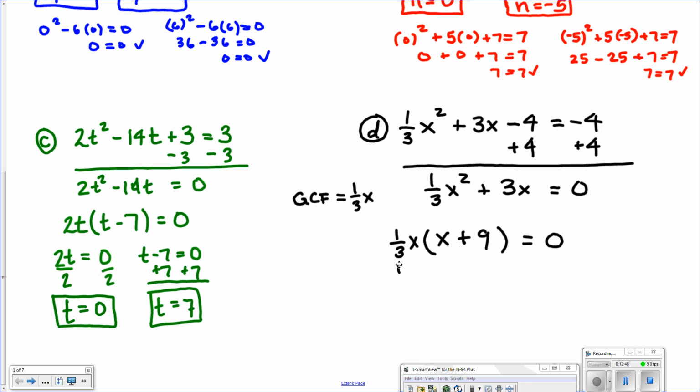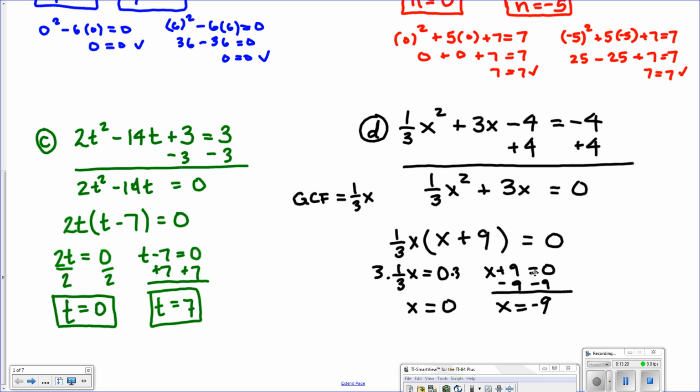So let's just take it, set each of them equal to 0. Now this one, so we have just an x, I'm going to have to multiply each side by 3, but really that's not going to change anything for us. We're still going to get x equals 0. And then when we subtract 9 and subtract 9, we'll get that x could equal -9.